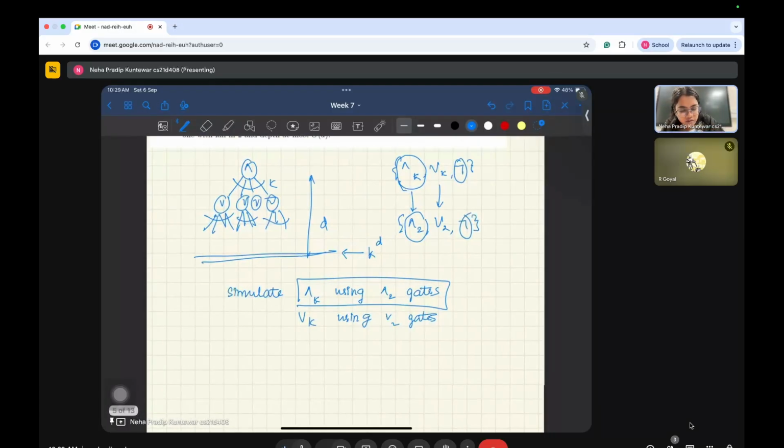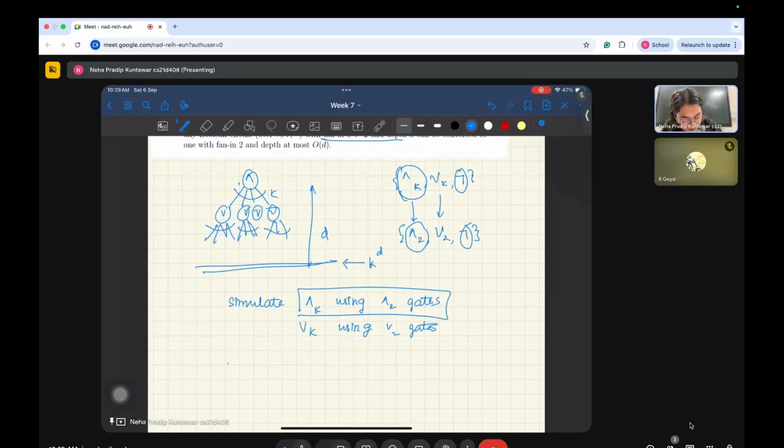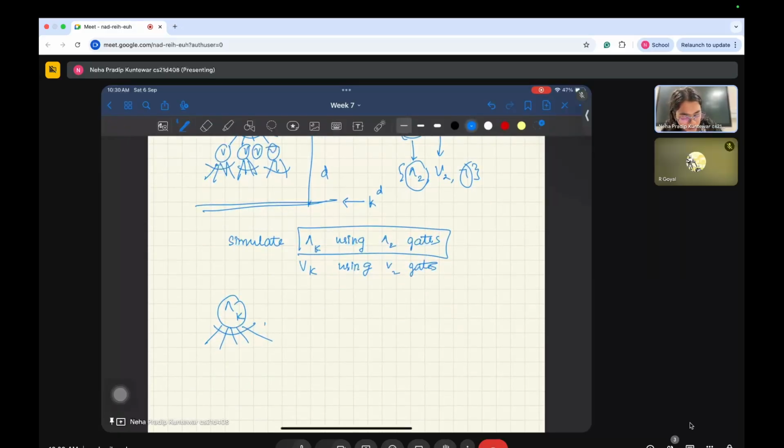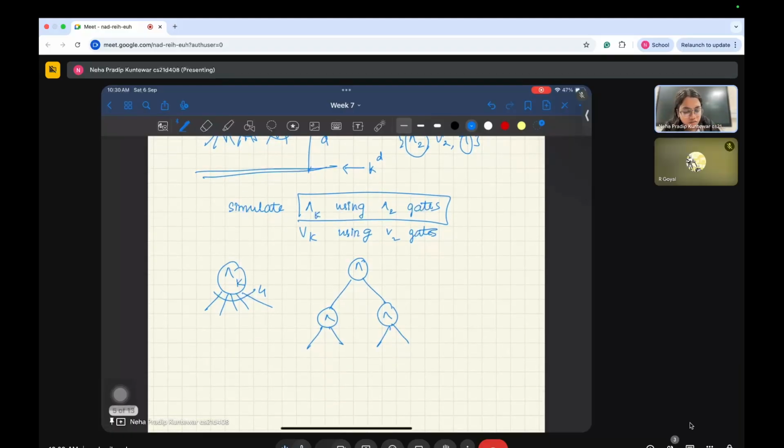Okay, let's look at this top AND k gate, which takes k many wires. Let's say four for now, and I want to simulate it using AND two. Like you said, I can think of it as a tree, so just split it into a binary tree.